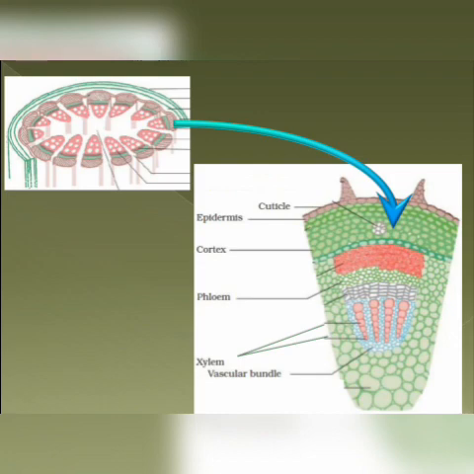So the first one which we can see in the cross section of the stem is that of cuticle. Cuticle is a waxy layer which helps to prevent excess loss of water by transpiration. Next, epidermis.